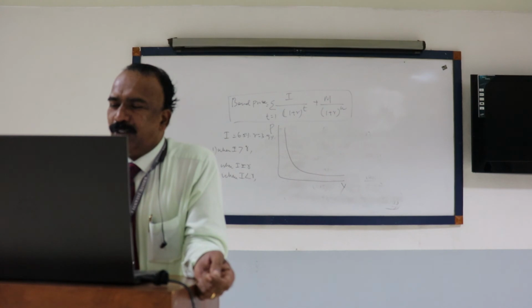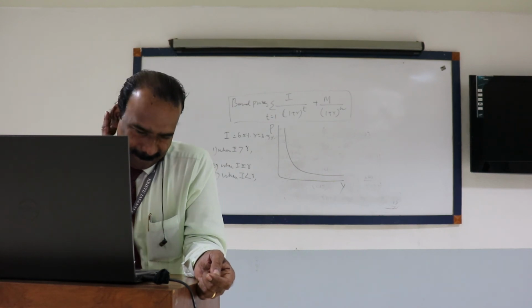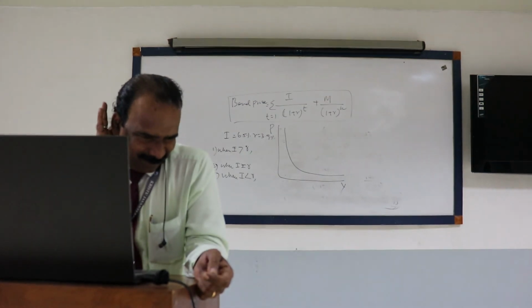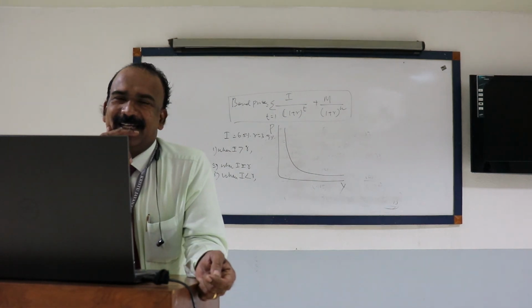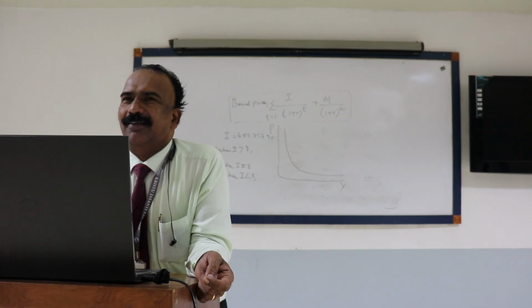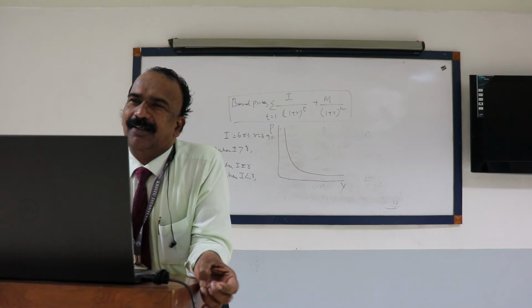So what are called premium bonds? Premium bonds are the bonds which are priced more than the face value. Say once again, differently. Sir, when the bonds are priced more than the actual amount, it is called a premium bond.